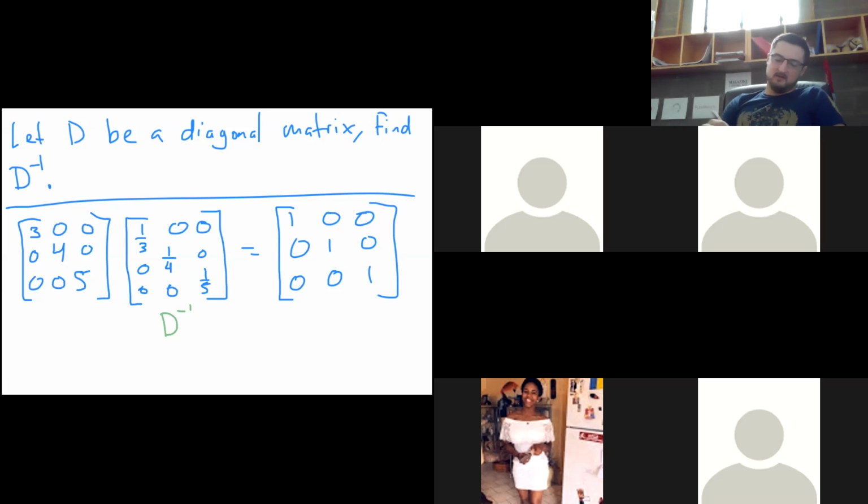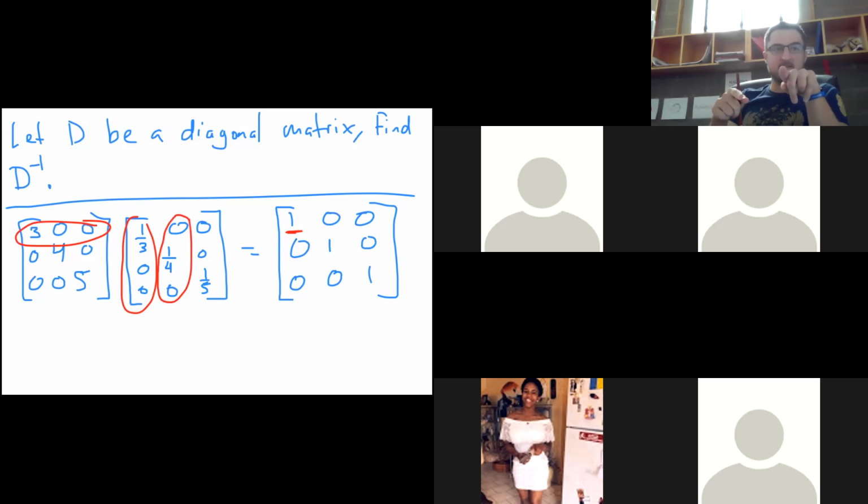Because anytime I do this matrix calculation, first row times first column, it's going to be a 3 times the 1/3, which gives me a 1, and the rest of them I'm multiplying by zeros. If I take this first row, multiply by the second column, I'm going to take a 3, multiply it by a 0, that's still 0. And I take these two zeros and multiply them by everything else in that column.